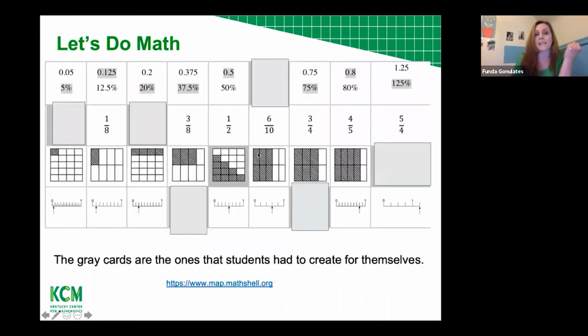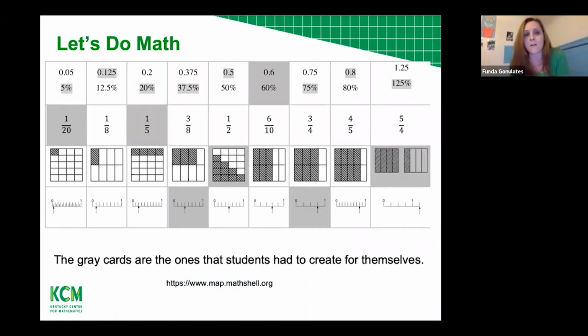They get other representations like fractions, area models, or scale representations. One by one, they get these cards and they put them in order and match these cards. The gray cards are for the missing ones. Now it's time for them to fill in these missing spots, and then our ordering is complete. This is a card sorting activity.